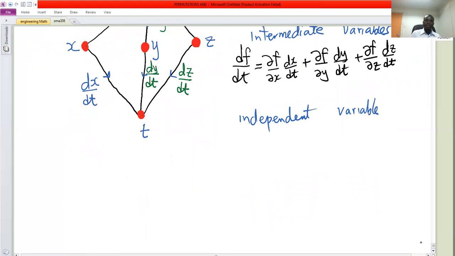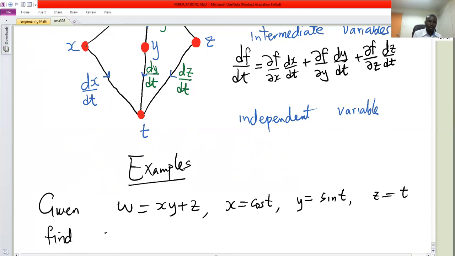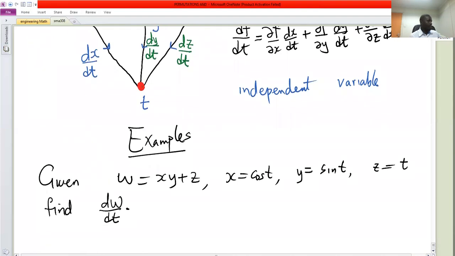So an example. Given that W is xy plus z, x equals cos t, y equals sin t, and z equals t, find dw dt.